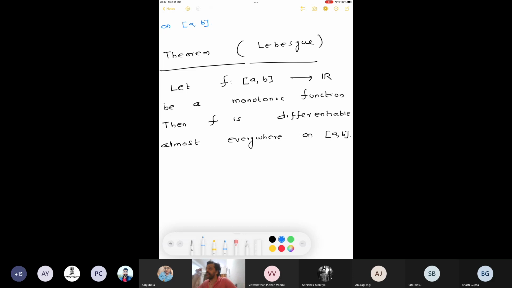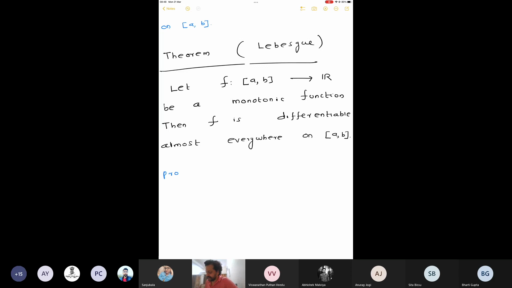Those who are interested to learn the proof, please consult any standard book on measure theory. For instance, the book that I have suggested from the beginning, the measure theory by Bartle, or maybe Royden, whatever you want, or Debarra, measure theory by Debarra. Any standard books will contain a proof of this.